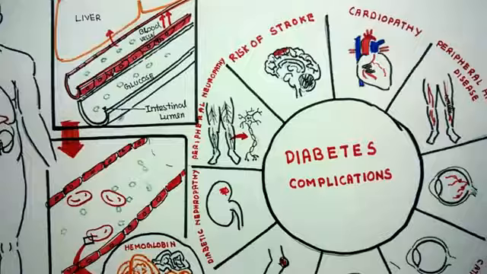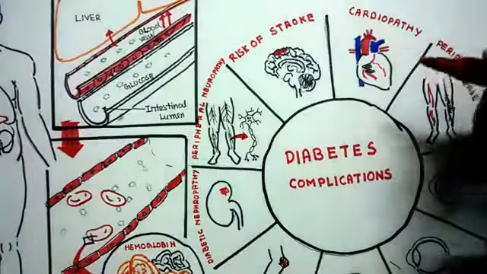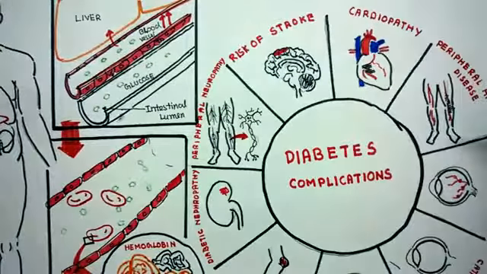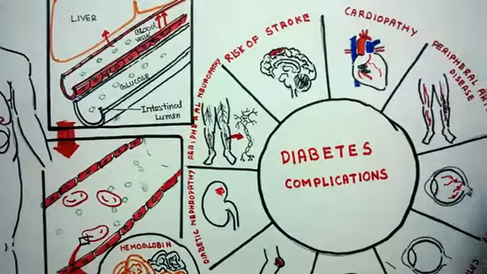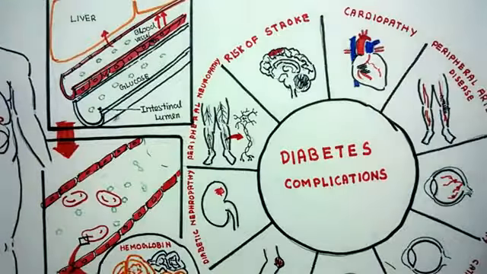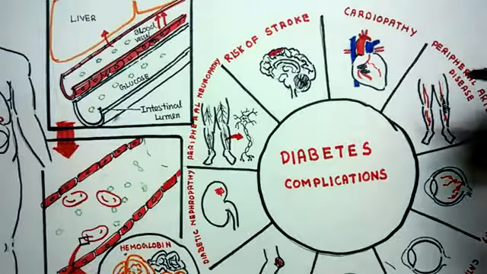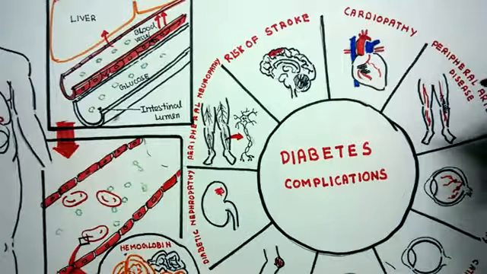That means enough oxygen is not reaching the muscles of the heart, and there is another type of symptom which is called peripheral artery disease, where the arteries of the legs and lower limbs are mostly affected.